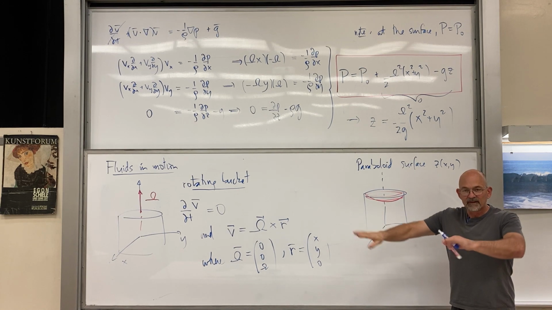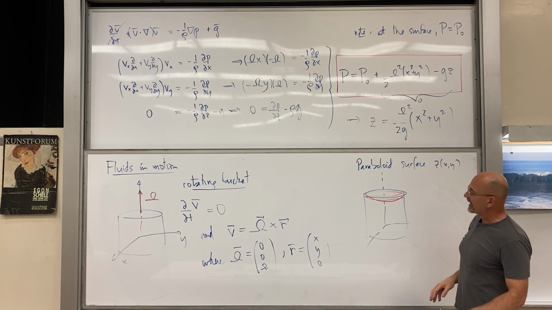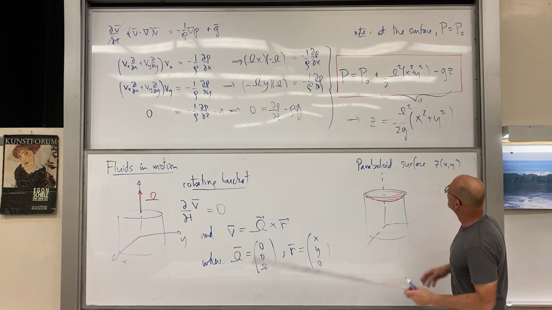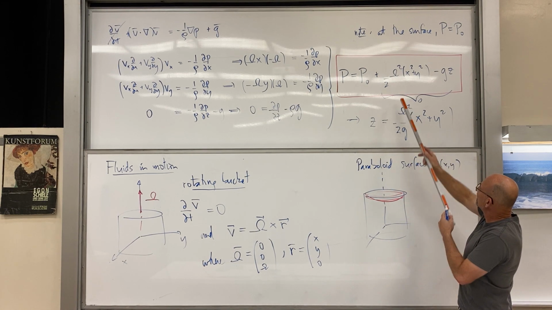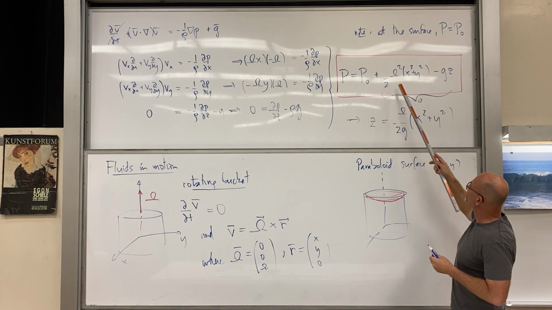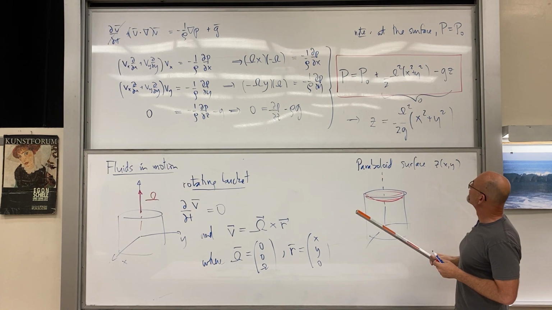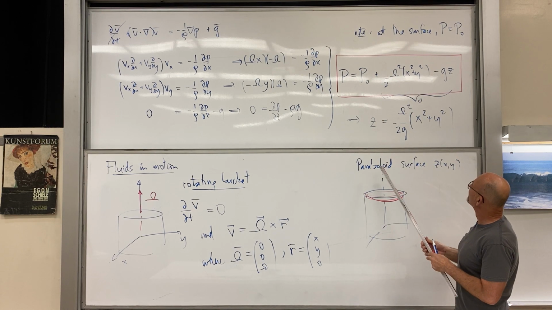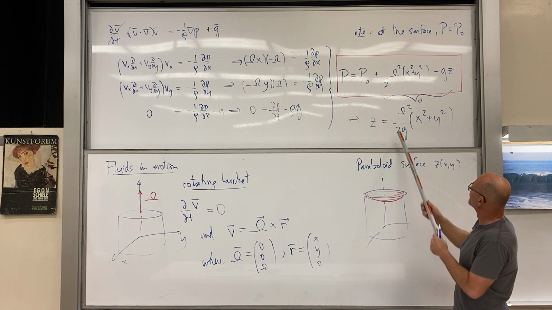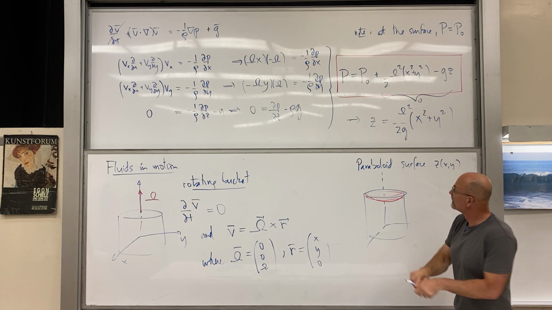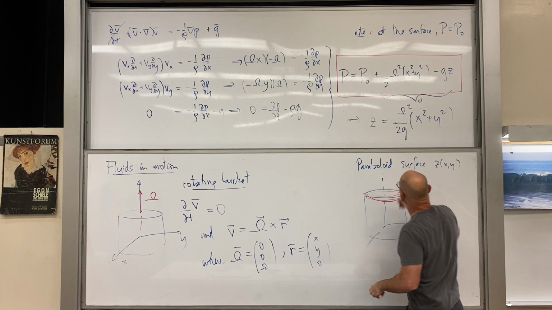It dips in, kind of a dish, and that depends on the rotation speed. Okay, we've got to put a 1 right there. Okay, 1/2 rho squared. Now we're good. That's omega squared over 2G.